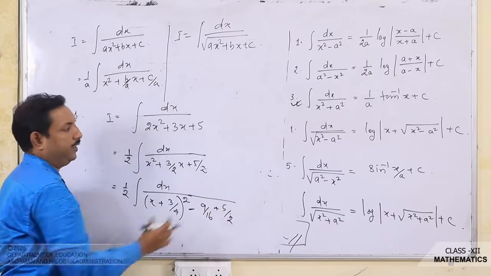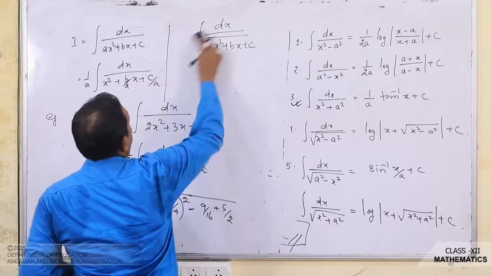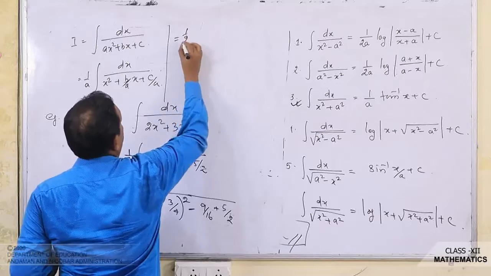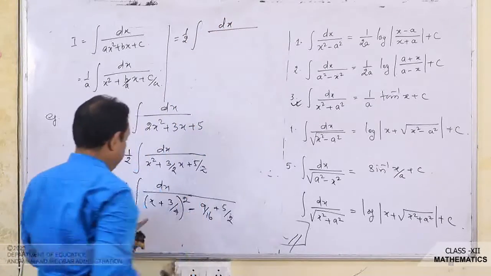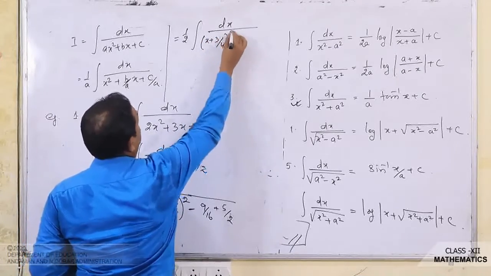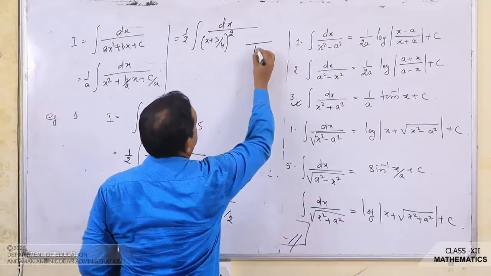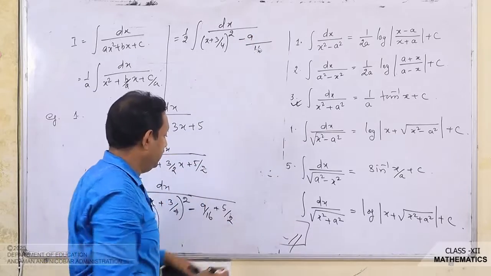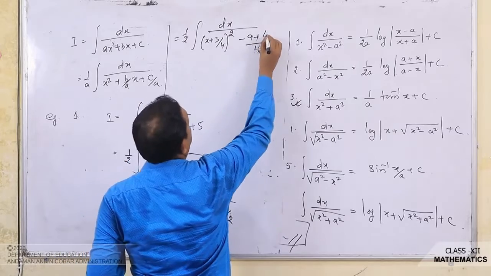Now, we have to make a little calculation over here. So this is equal to 1 by 2 integration of dx upon x plus 3 by 4 the whole square, and here we get 16 and 16, that is minus 9, and then here it is plus 40.